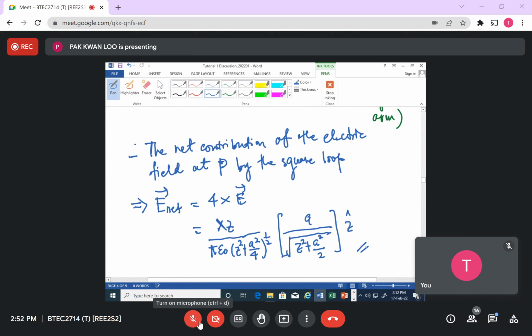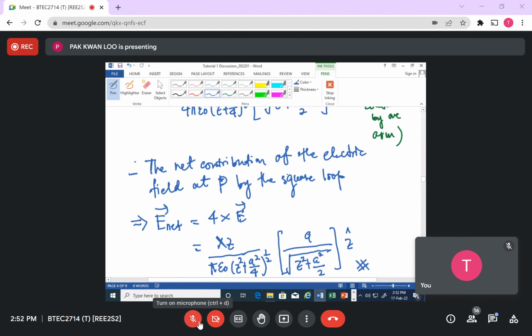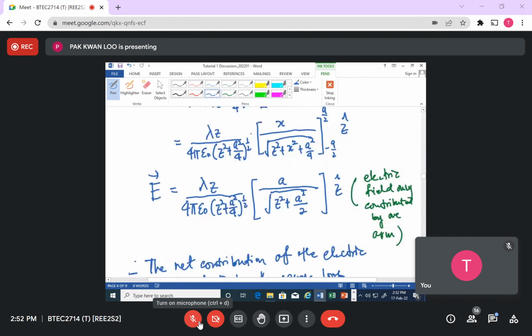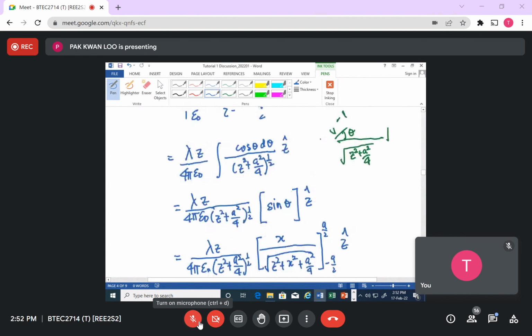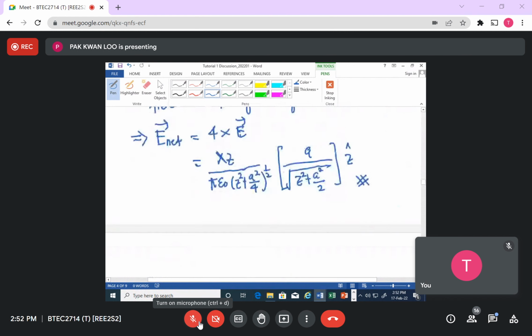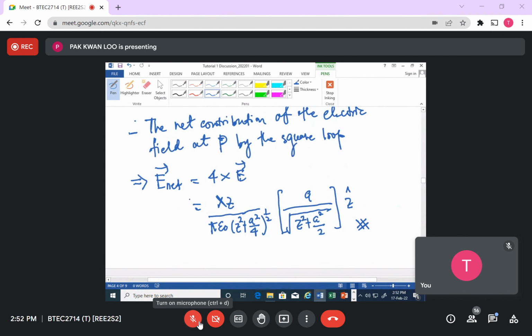So this is the final answer then. Okay, so my apologies for the earlier mistake on the vector r. So now it should be correct. This is what we derived, which is the same as provided by the answer in the tutorial.